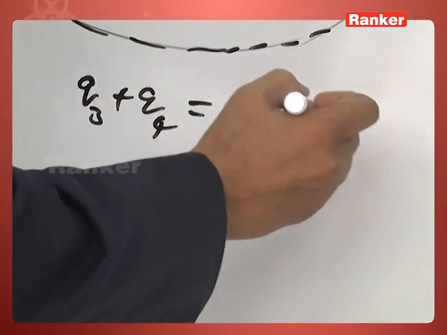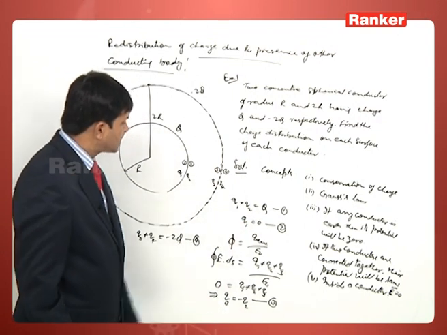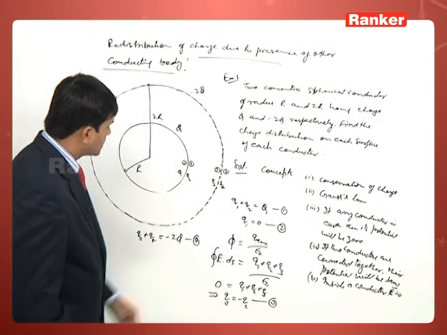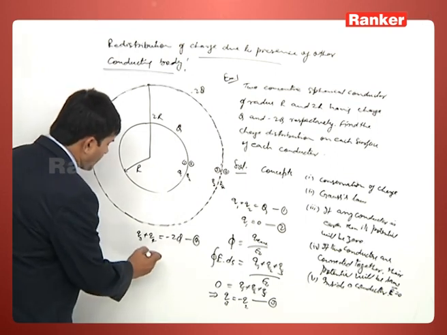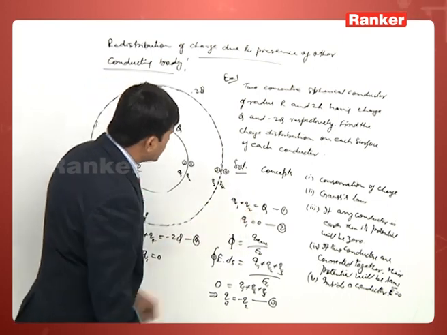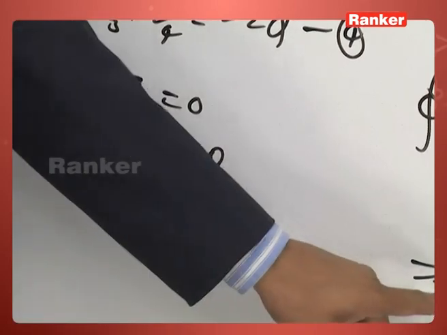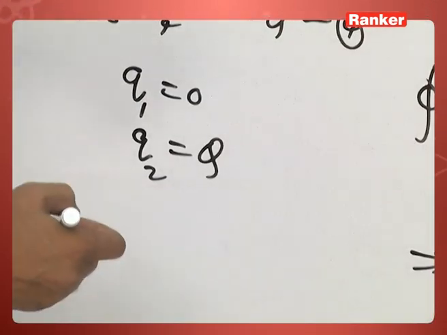And this is your fourth equation. Now we can solve all the four equations. The first equation we got is Q1 = 0. On solving, Q1 is 0, then Q2 is equal to Q, and Q3 is equal to minus Q2.